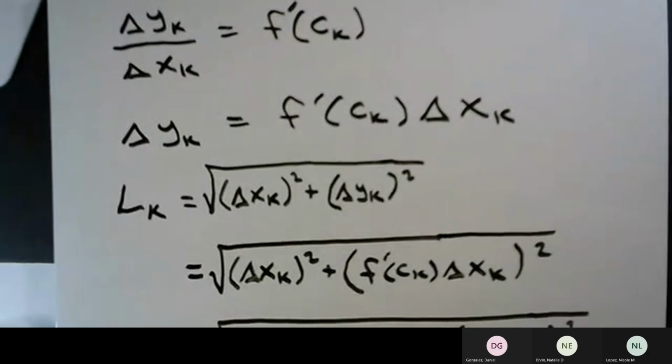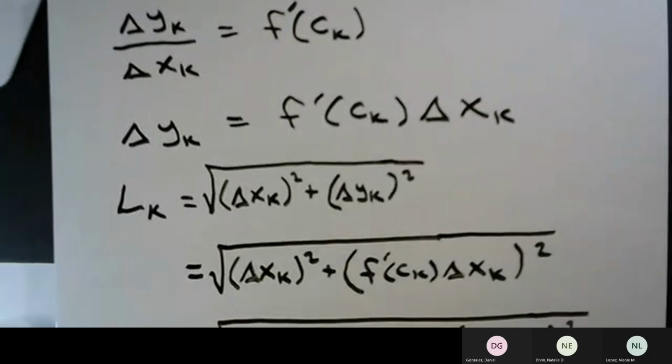And with L, I'll do a little bit of a derivation here just to give some context to this. L is still going to be the square root of delta x k squared plus delta y k squared. Same as before.